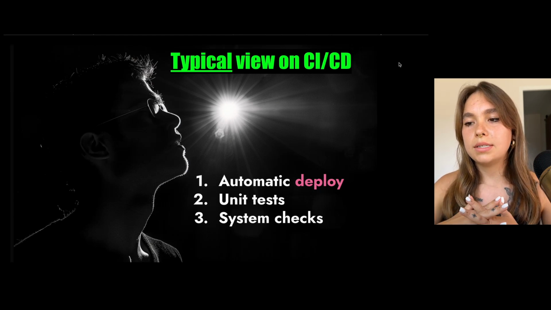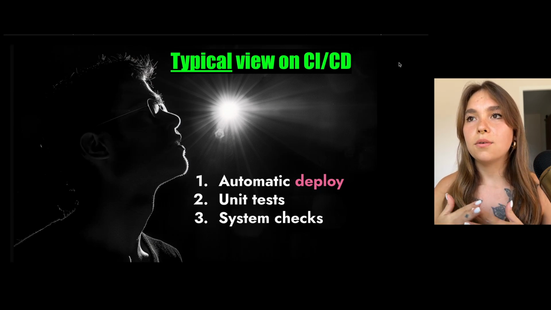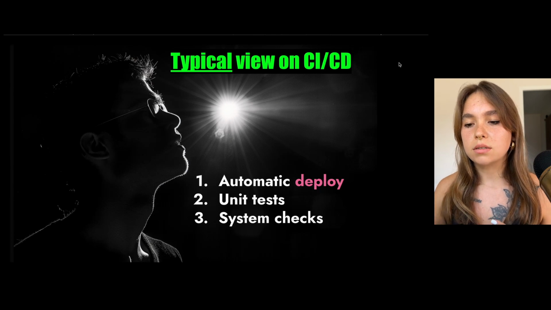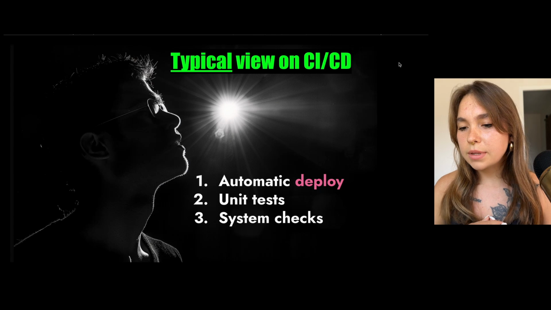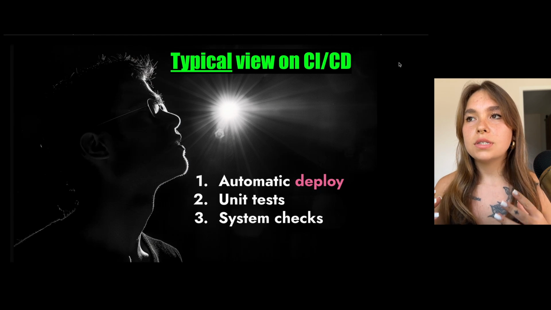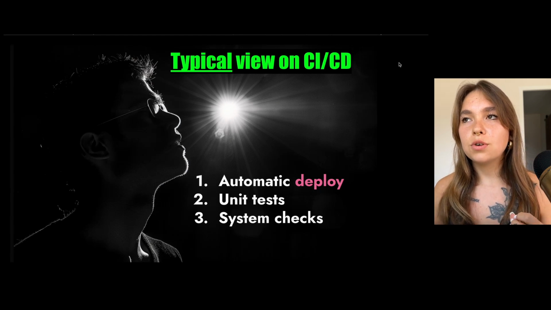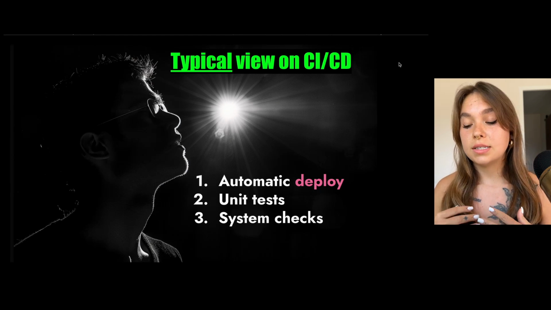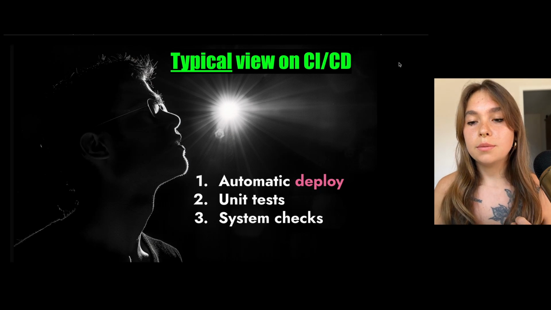So our CI/CD pipeline contains three basic layers: automatic deploy, unit tests, and system checks, and that's all. But actually, I'm trying to suggest an approach where we can put much more useful functionality into our CI/CD pipeline for us as testers. So what can it be?